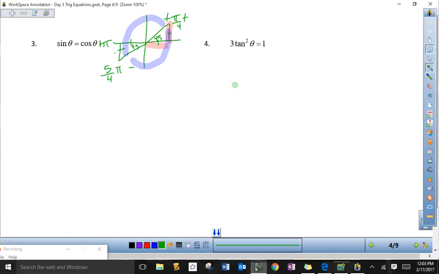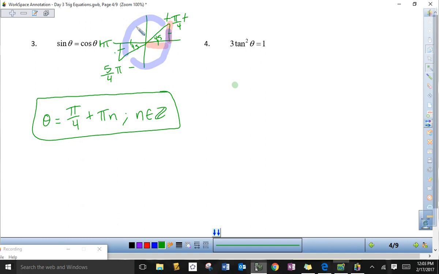So instead of having to write out both of my solutions and add 2 pi to it each time, I can actually only look at my first solution, pi over 4, and add pi every single time. Get to that one, back up to the first one, as many times as I want, so times n, as long as n is an integer. So this time I've got one smooth equation to get all possible solutions here.